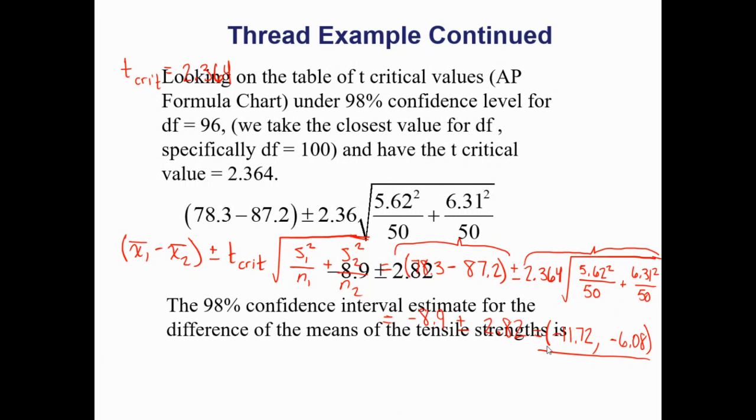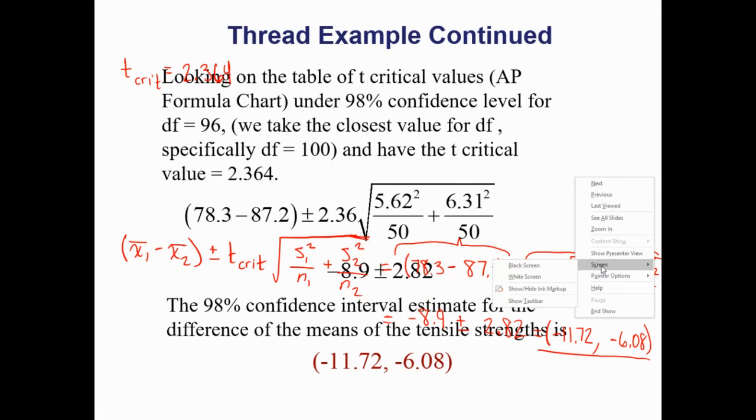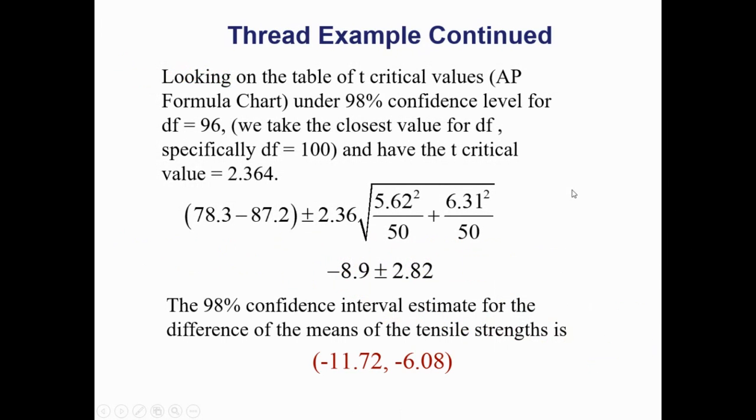I'm about to erase the ink on here since this is everything we just calculated, so you can see the conclusion. The 98% confidence interval estimate for the difference of the means of tensile strength is negative 11.72 to negative 6.08.